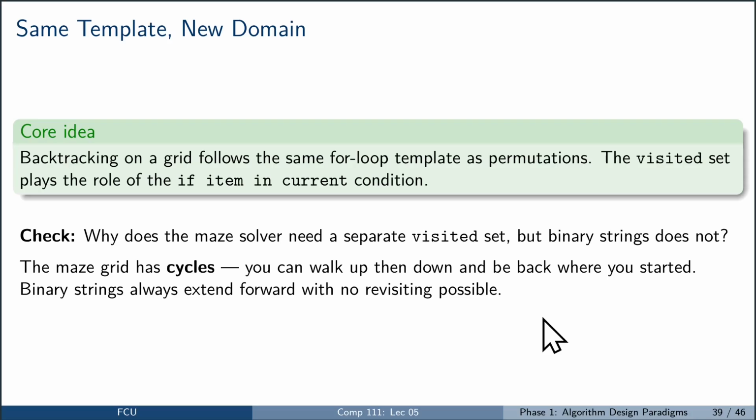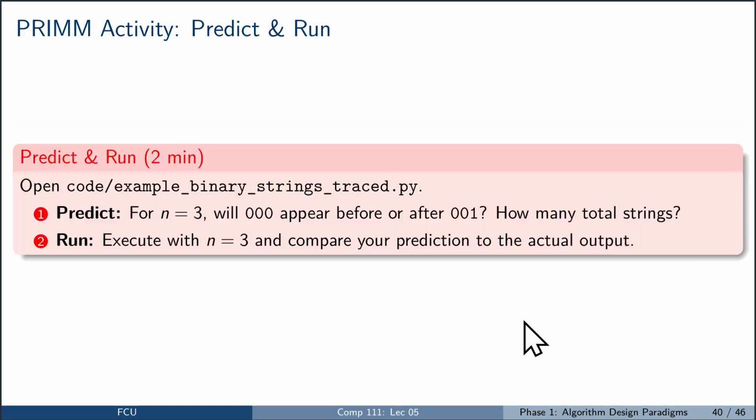All right. In this lecture, we have seen about 6 examples and 2 different structures. Now it's your turn. So switching gears, open your code editor and open up the file that is accompanied in your zip folder provided with this lecture. This is called example binary string traced.